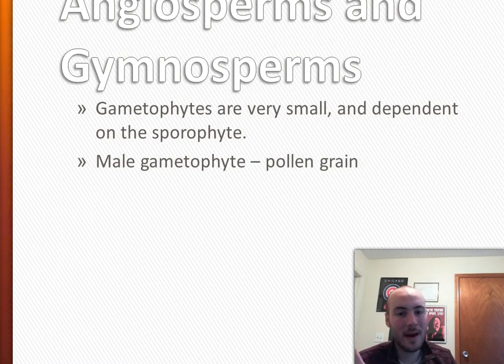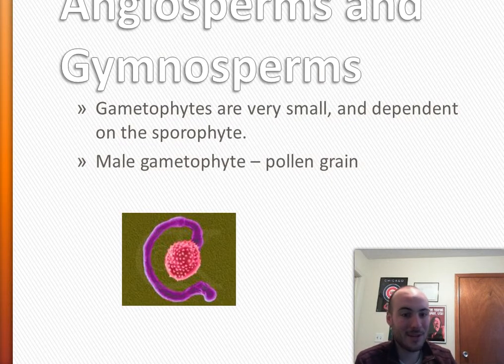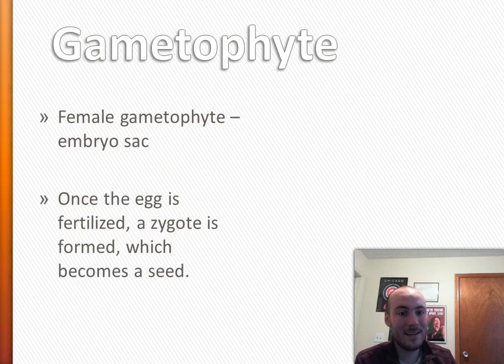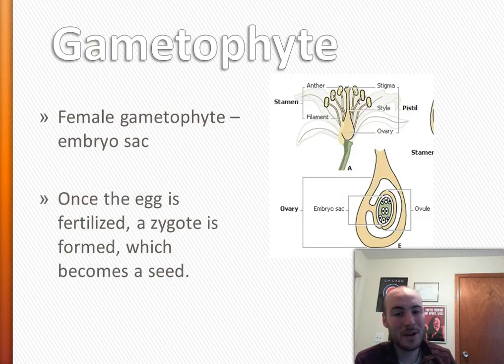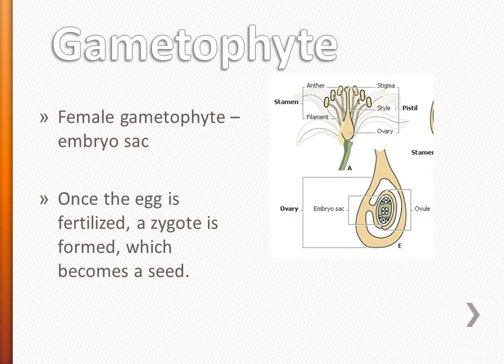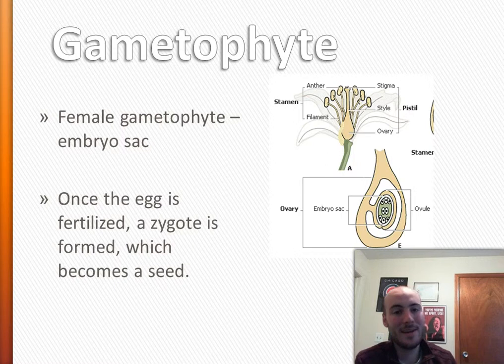So remember, angiosperms are flowering plants, gymnosperms are non-flowering plants. Now, in both angiosperms and gymnosperms, the gametophyte is actually a specific structure. It is the pollen grain. So right there, that is your gametophyte. And the female gametophyte is actually the embryo sac that is within the flower itself, or within the cone scales.